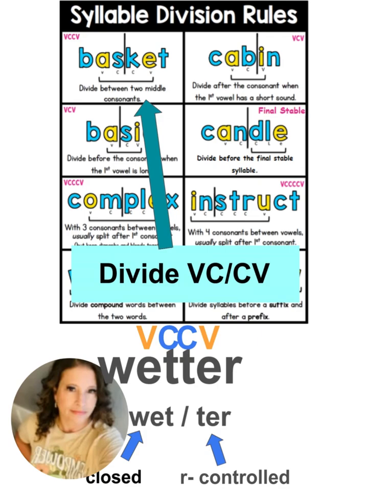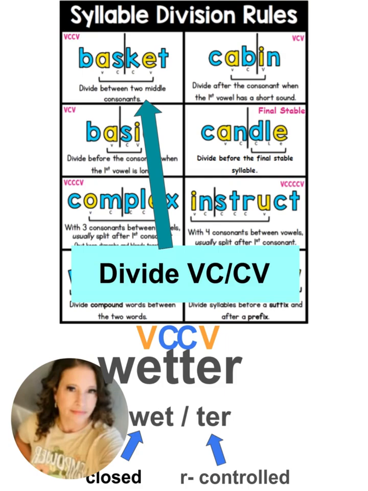And then the second syllable has a vowel followed by an R, so this is an R-controlled vowel. This makes it a sound, so ter. So then I'm going to blend the syllables, and now I have wetter.